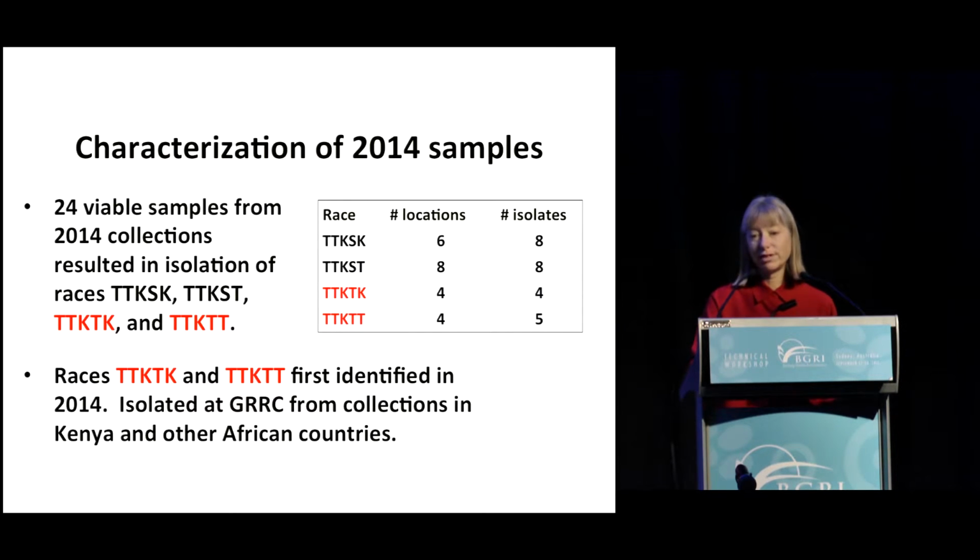It's important that these races were found at multiple locations. These races, as you have heard, were also isolated at GRRC from collections in Kenya and other African countries. And again, this cross-validation among labs is very important.